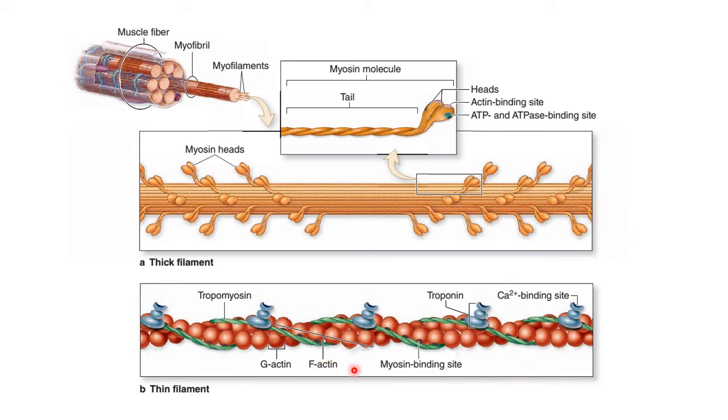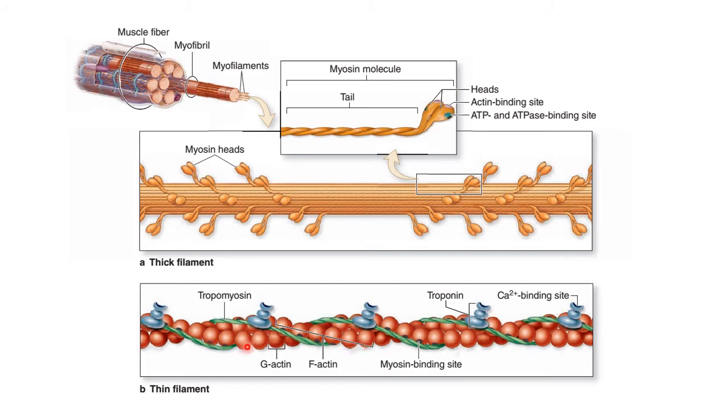The thin filament, the actin filament, is composed of G-actin, this one molecule is G-actin. This group of molecules is called F-actin, and this green one is tropomyosin, and this blue molecule is the troponin protein.